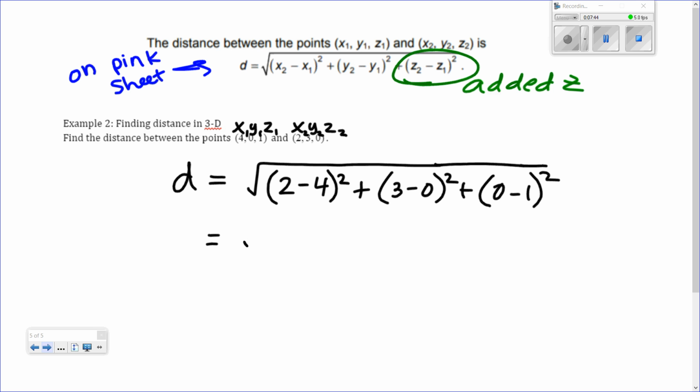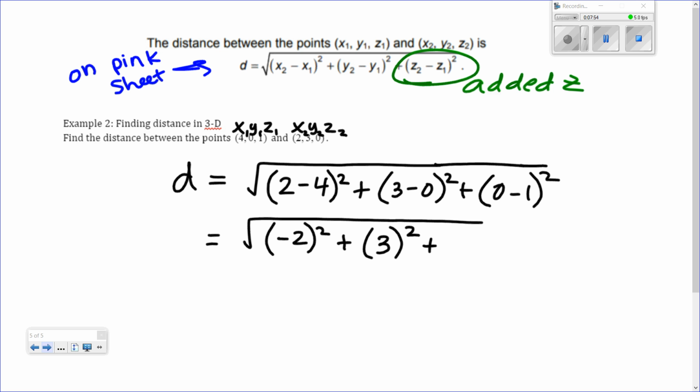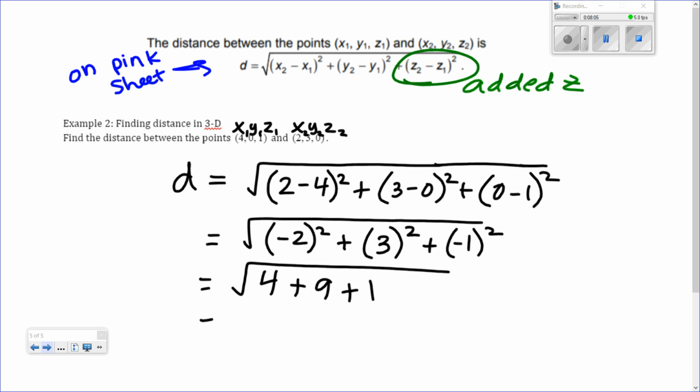And then I'm just simplifying. I've still got the square root. I do the parentheses first. Negative 2 squared plus 3 minus 0 is 3 plus negative 1 squared. I do all my squareds. 4 plus 9 plus 1.